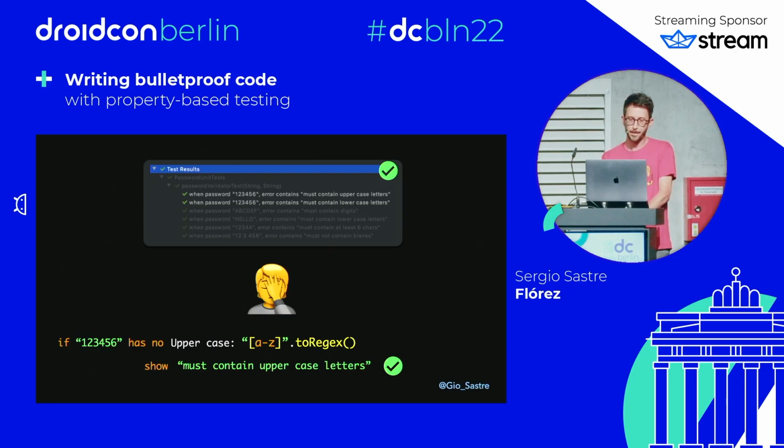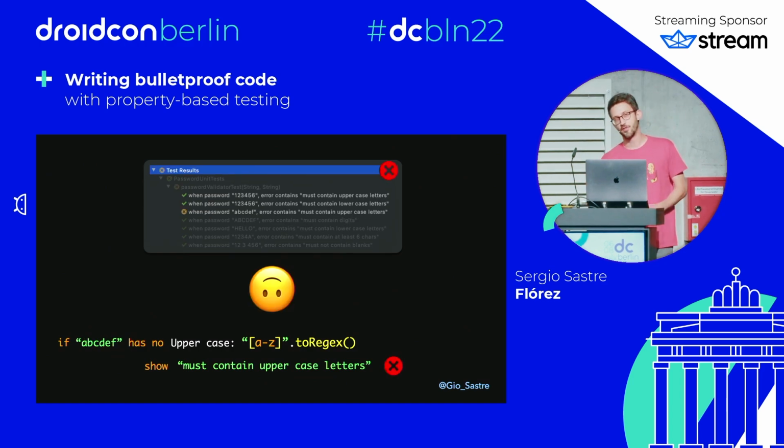So we come back to the uppercase, and instead of the example with only digits, we use an example with only lowercase. And now it reads as follows. If A, B, C, D, F, all lowercase, has no uppercase, what is true, the error message must contain uppercase letters.